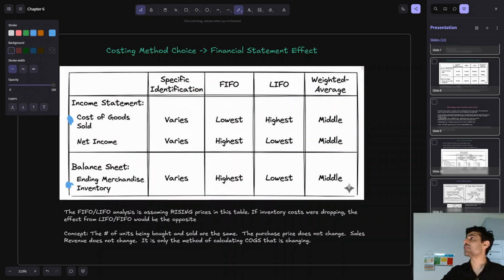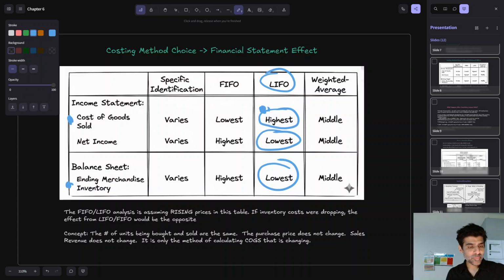If we assume inflation, LIFO is going to be expensing the more expensive inventory that you purchase first, and so that's going to make your cost of goods sold higher. If your cost of goods sold is higher, that means your net income is lower. And because cost of goods sold and inventory are seesawing with each other, if this cost of goods sold is the highest, that makes our inventory balance the lowest.